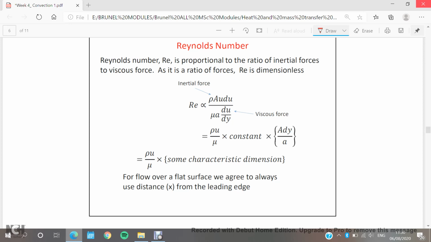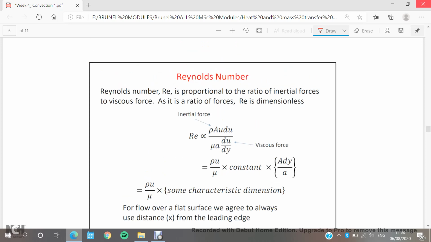This means the viscous force is dominating the movement, and the inertia force has very little effect. In water or in air, you will find that the flow moves faster than the oil, which means the velocity or the inertia force is dominating the movement much more than the viscous force.